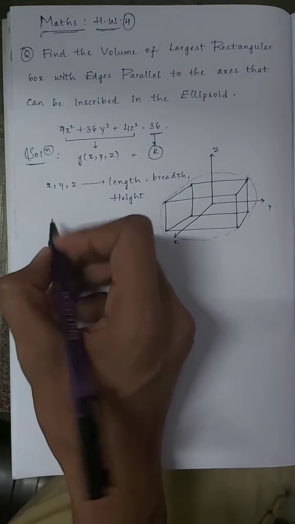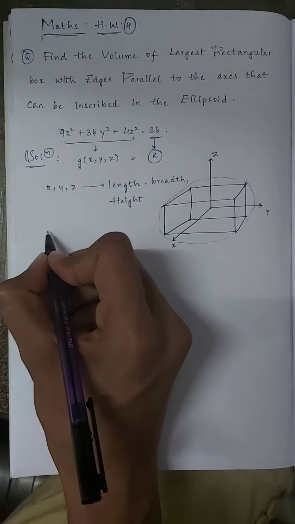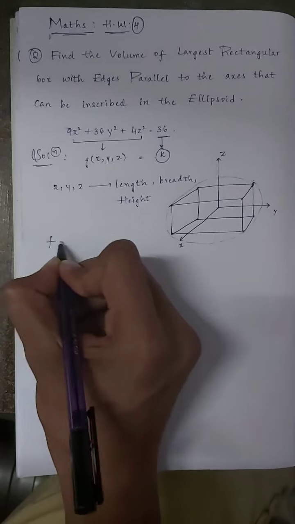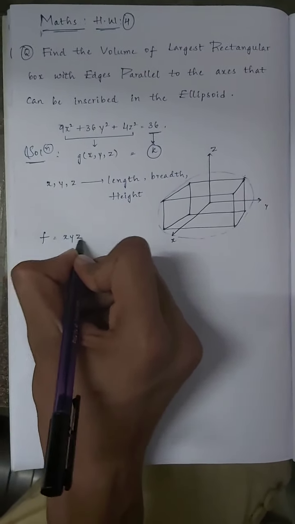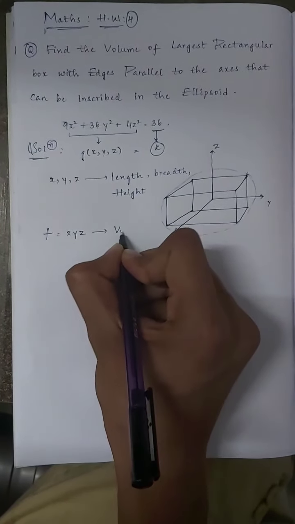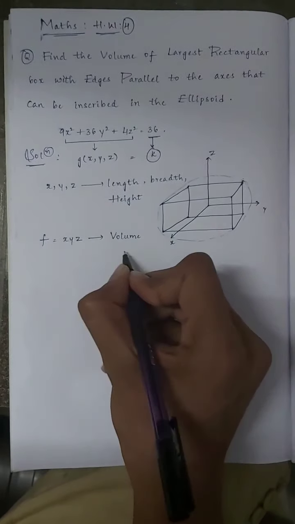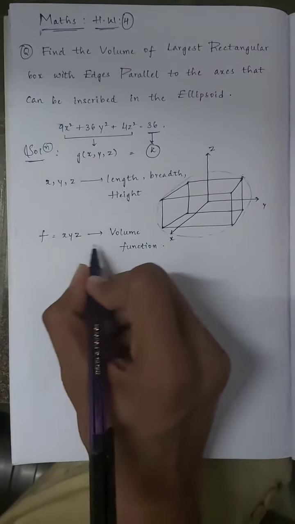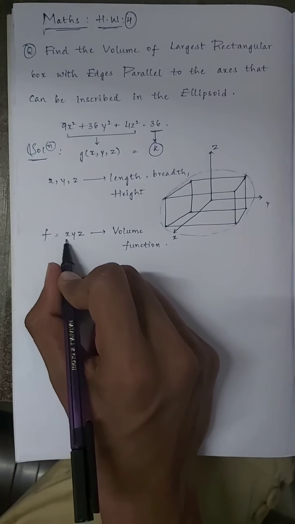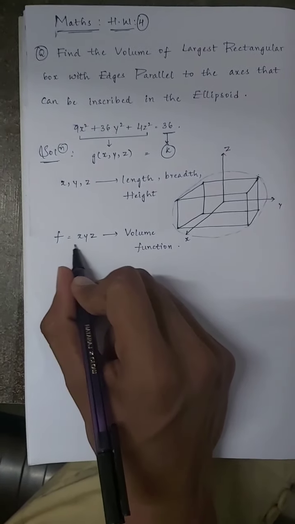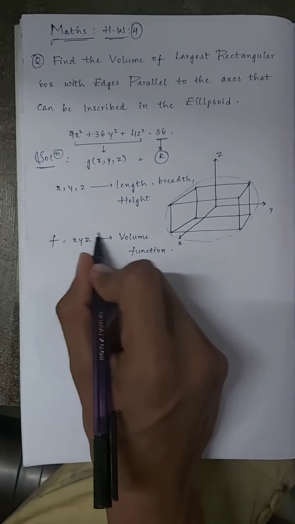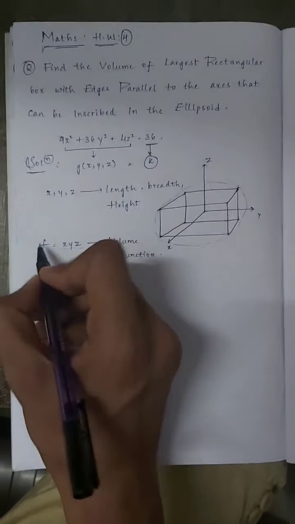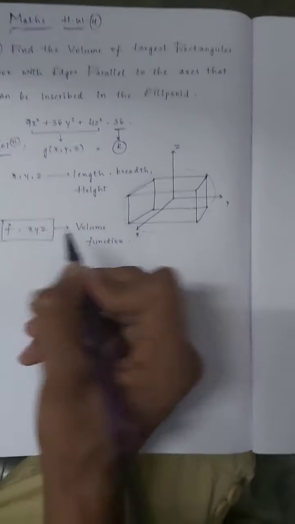So now let the function f be equal to xyz. This is a volume function, since we know that the volume of a cuboid or rectangular box is length into breadth into height.